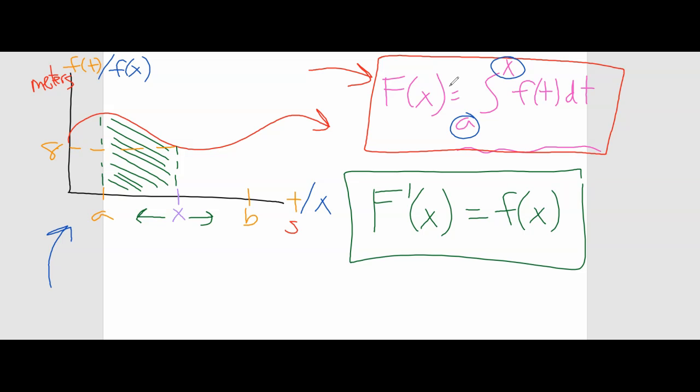I could call it f of a if I wanted to let a represent my inputs. So when you're looking at a graph of f of t, note that that could also be an f of x value. We are just switching what we're calling the inputs and the outputs. Okay, so this is the basic form of this fundamental theorem of calculus.